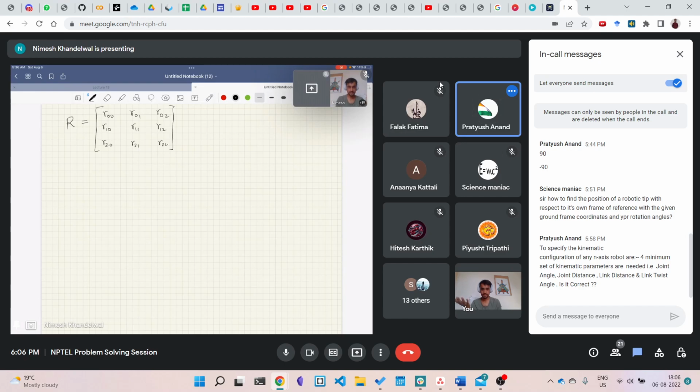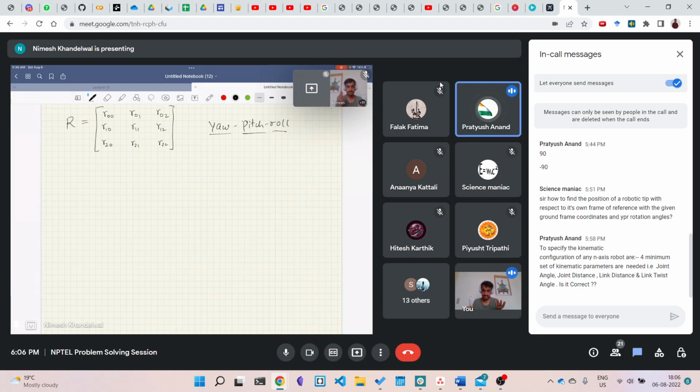So how many parameters do you need to represent orientation? How many rotations are we doing here? One type of rotation that sir has told you about is yaw, pitch, roll. How many total independent rotations are you carrying out here?